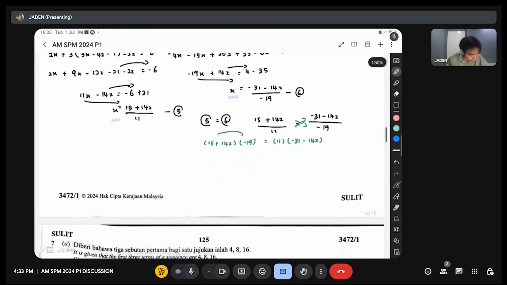So this one, you gotta expand this. 15 times negative 19 is negative 285. Negative 19 times 14z is negative 266z equal to 11 times negative 31, or what we get here is negative 341. And then 11 times negative 14z, you get negative 154z. So over here, you should be able to get your z value already.